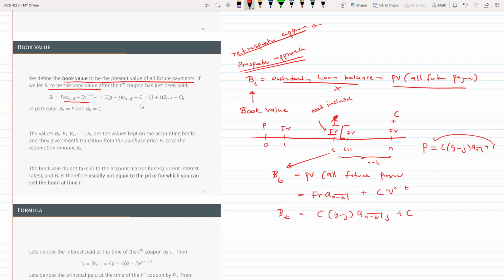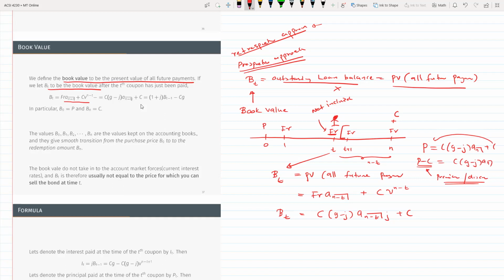Then we take C to this side, and we get P minus C equals C(g minus j) a_n, and this is the difference between price and the redemption amount, which we call the premium or discount. Bought at premium or bought at discount. So anyway, we get this nice formula.